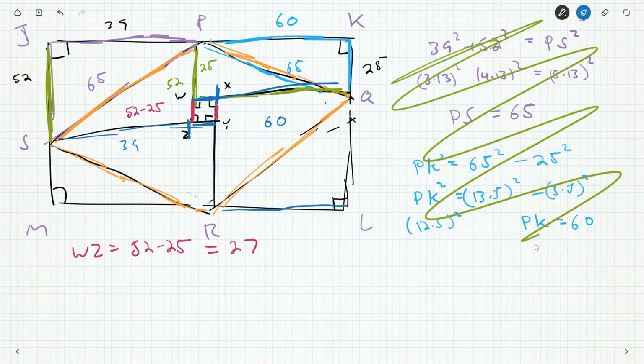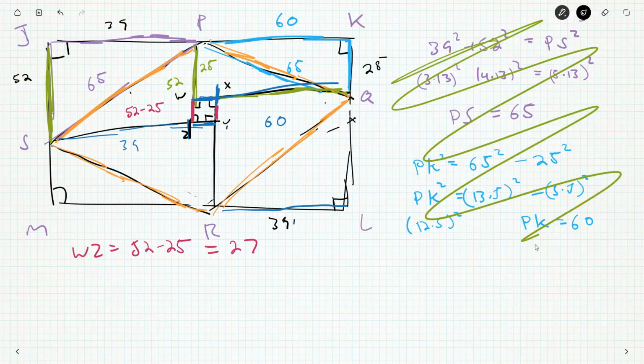Alright, so what can we do here? Got 60, I've got 39, I got 52, I got 25. I feel like this length down here is going to be 39, but I can't guarantee that right now with the information I've got. Well, let's take a look here.